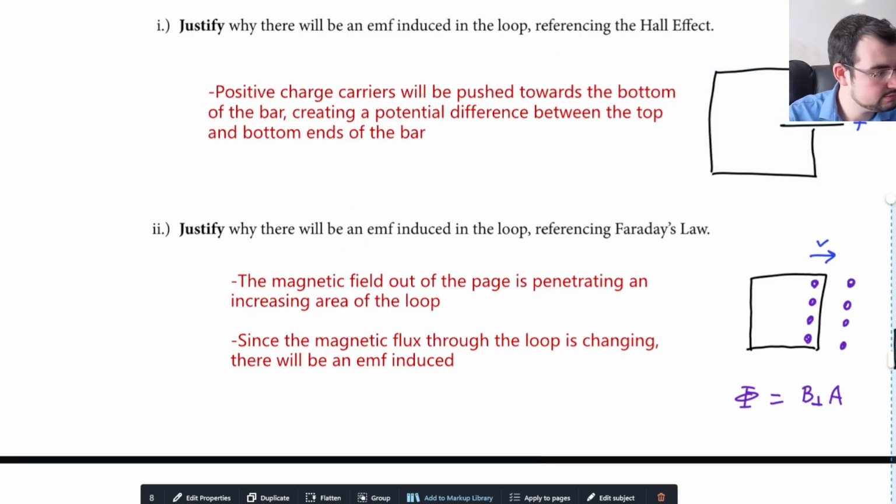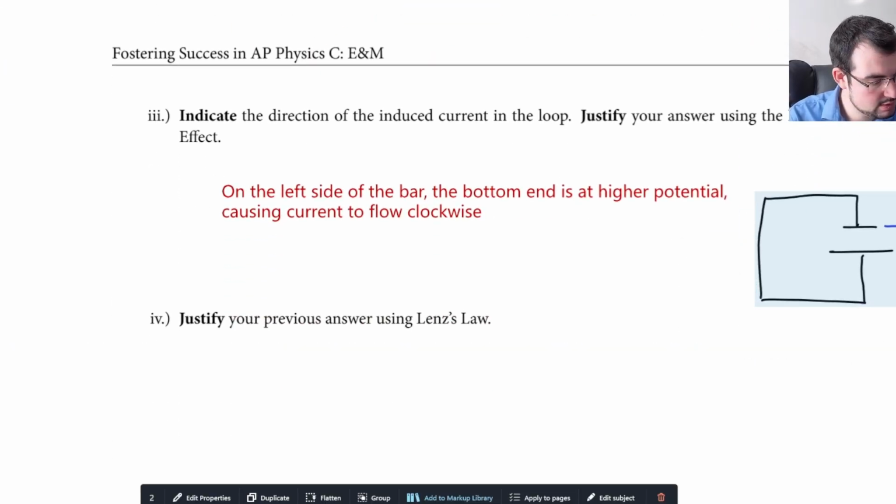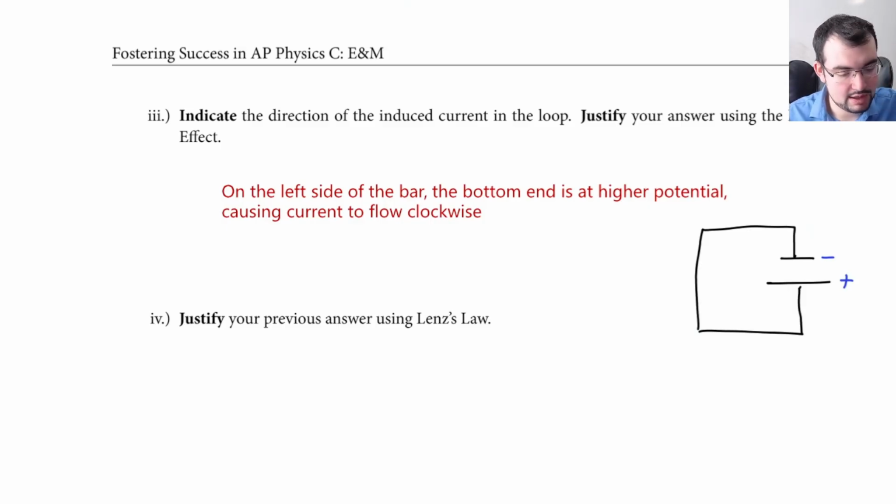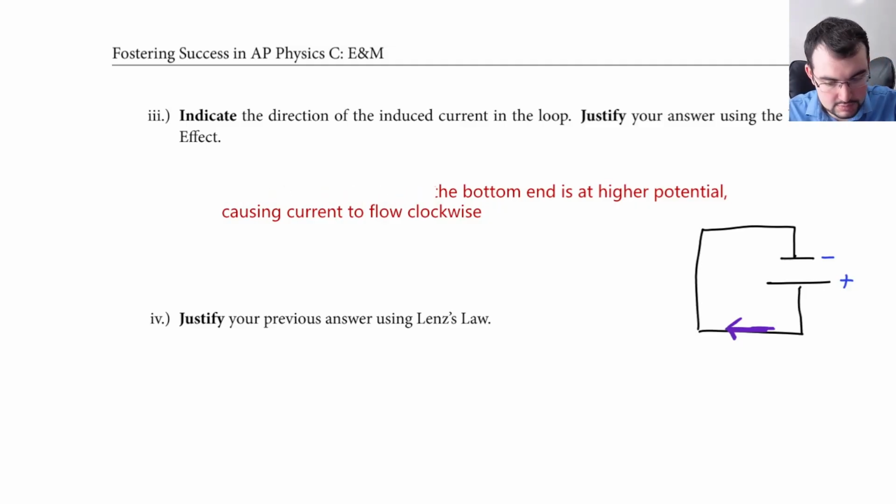On the left side of the bar, the bottom end is at higher potential, causing current to flow clockwise.